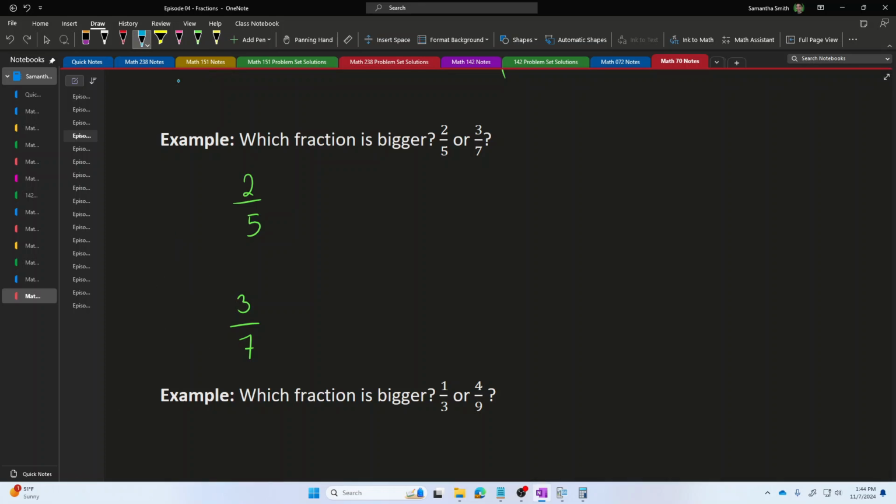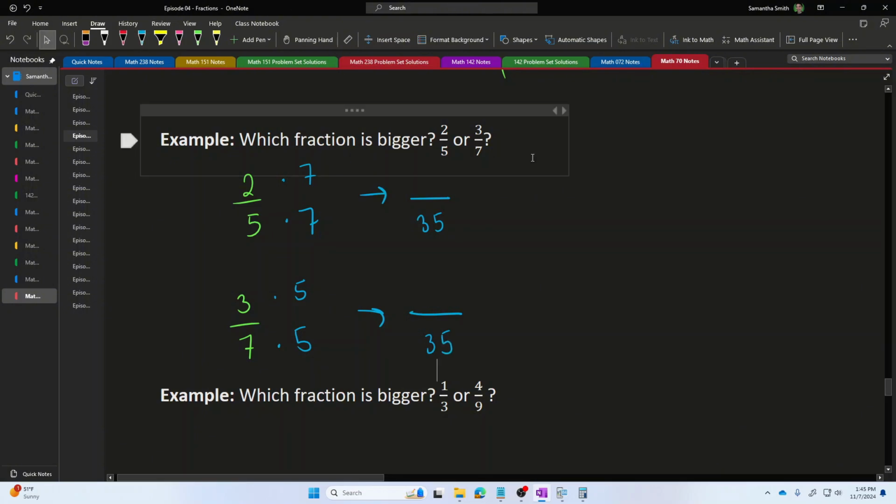I'm going to take the denominator of the second fraction and multiply it to the first one, and I'm going to take the denominator of the first fraction and multiply it to the second one. And if I do this, then that will cause both of the results to have exactly the same denominator in the end. 5 times 7, 7 times 5, both of those give you 35 in the end.